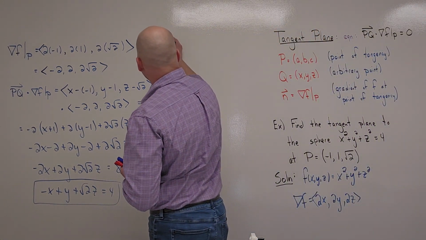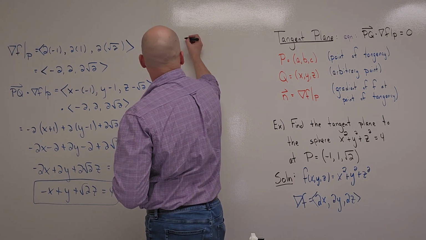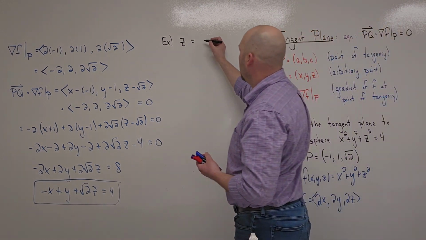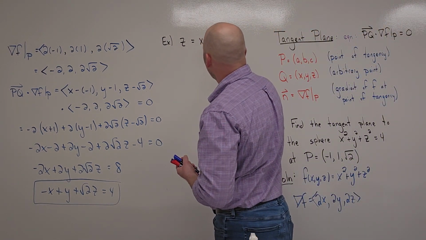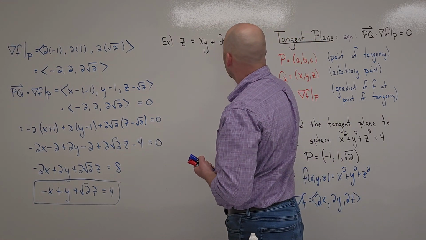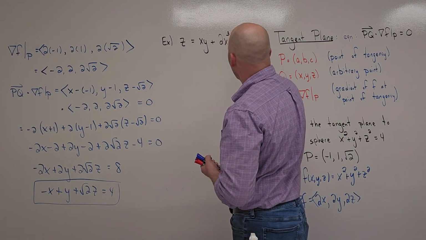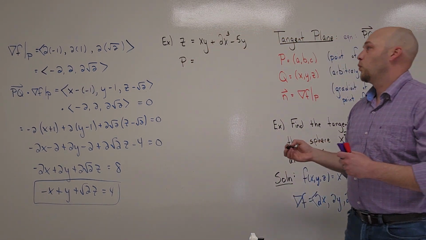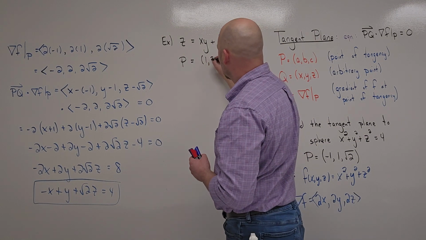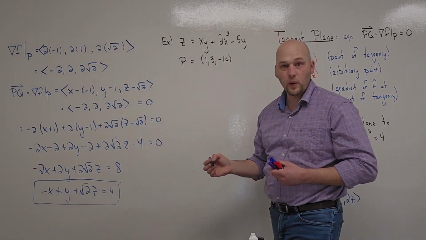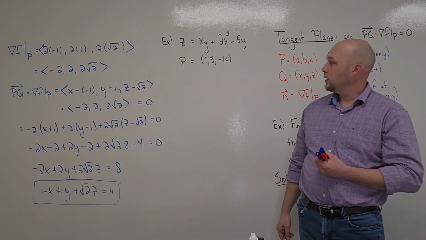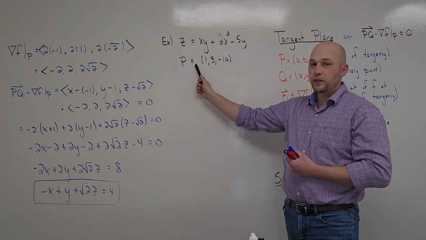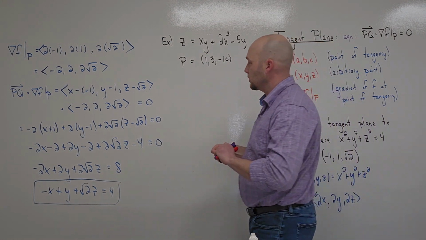For example, let's say I have the function z is equal to xy plus 2x cubed minus 5y, and I'm looking at the point of tangency on the graph of 1, 3, and -10. So what I want to do is, again, find the tangent plane to the graph of this function at this particular point. Okay, so let's see how that works.